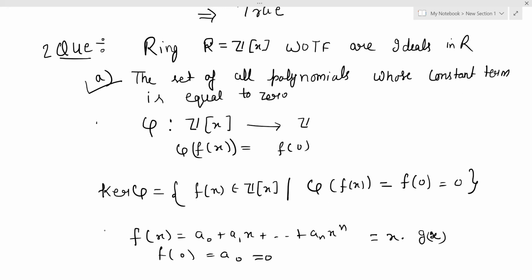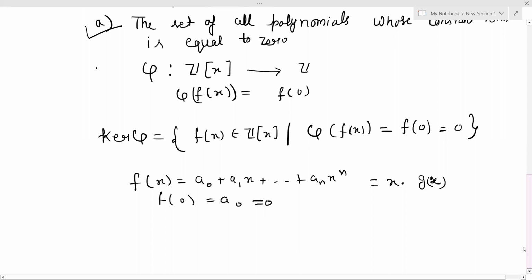Just take out x common, and you would write a1 plus a2 x plus a3 x squared plus so on, a_n x to the power n minus 1. This is my g(x). Now you can see precisely that the kernel of phi is the set of f(x) belonging to Z[x] such that x divides f(x).